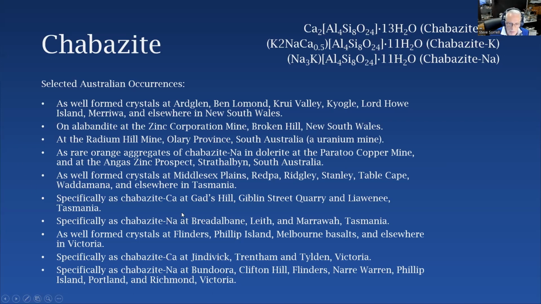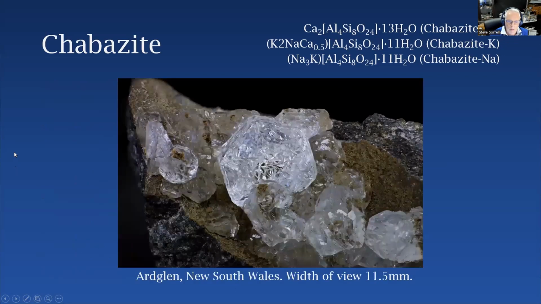So you can see down here we've got Gads Hill, Giblin Street Quarry and Lyawini in Tasmania, which Ralph Bottrill analysed as chabazite-Ca, and then at these localities in Tasmania it's chabazite-Na. So in some cases we've got it, in some cases we don't. But it is widespread, particularly in the basalt.